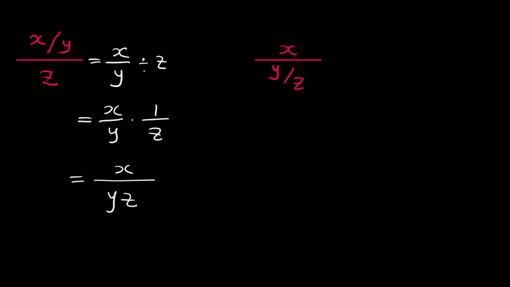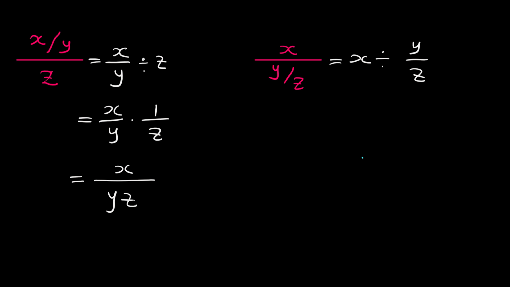What about the other one? Here the story is different. x is divided by y over z. Attention, when we have a fraction, a fraction is a division. Whenever in math you say 2/5, it's like 2 divided by 5. Remember, this is the meaning of a fraction or rational expression. A rational expression is basically numerator divided by denominator.